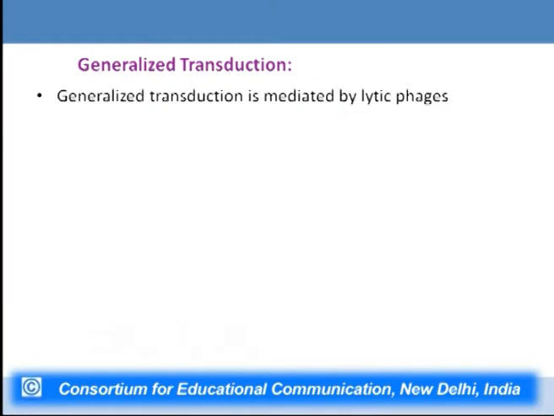Now, lytic phages are those phages which, when infecting bacteria, lead to lysis of the bacteria. They take over the machinery of the host bacteria, and cause the bacteria to express the genes of the bacteriophage and make proteins of the bacteriophage. After the bacteriophage-specific proteins have been made and a number of bacteriophage DNA molecules have been produced, the DNA molecules are packed inside the head of the bacteriophage, which is again made of protein, and after the head is packed with DNA, the tail proteins are attached to the head.